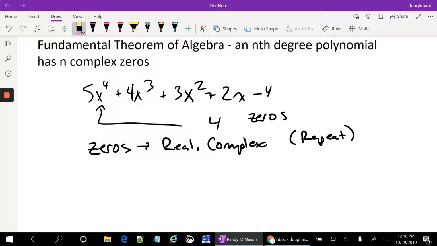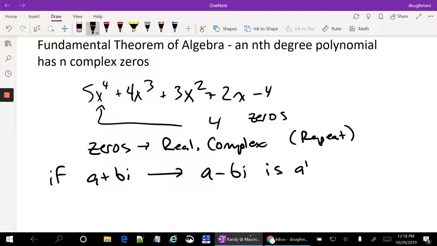The next thing to note, if you do have a complex root, a plus bi, then the complex conjugate, a minus bi, is also a root, or a zero. So if I'm given 1 minus 2i is a root, I then know 1 plus 2i is a root, and so on.